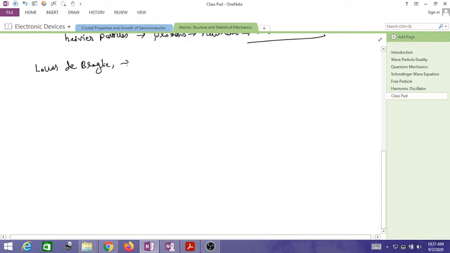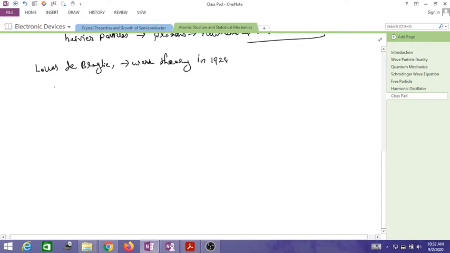He suggested that a particle of momentum p shows wave-like behavior with a wavelength.